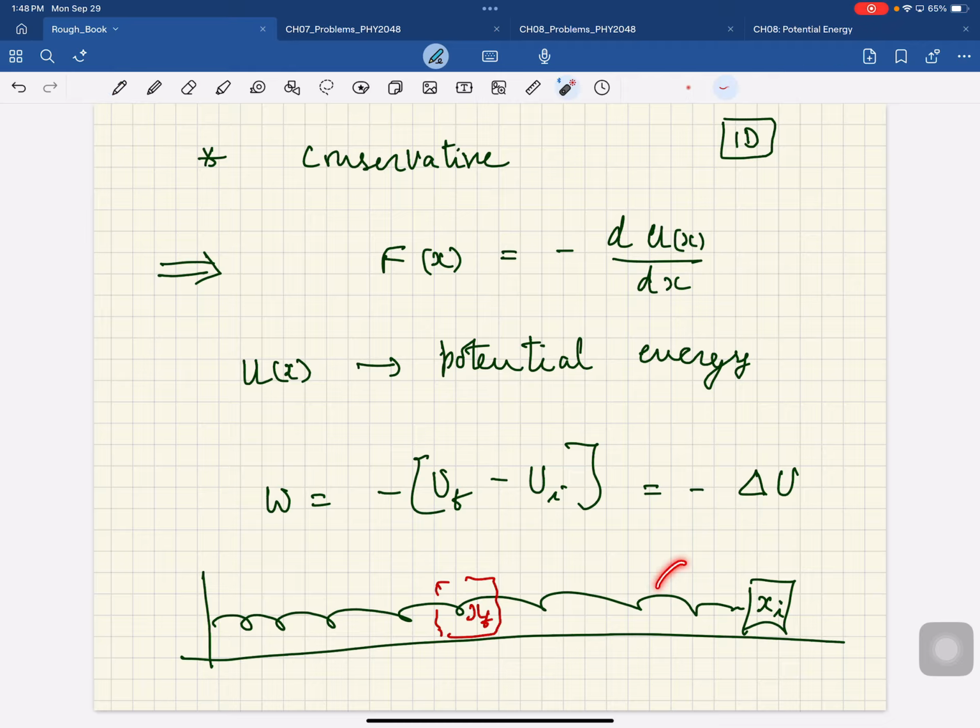Okay, so the spring force is a conservative force, and you can calculate the work done by the spring when it goes from here to there. Okay, so there is a formula. I'll give you the potential energy function for this. Okay, now let's see. What if I go from here to there and then back there? What is the work done? Same.